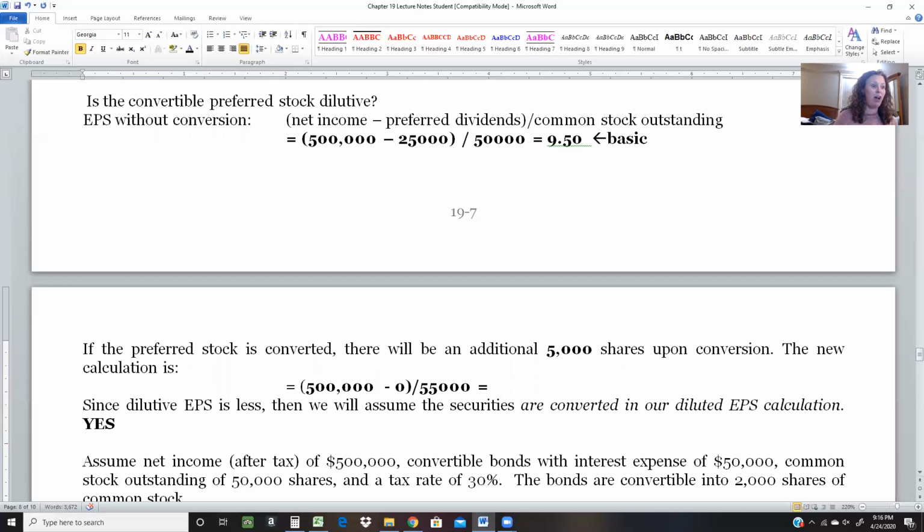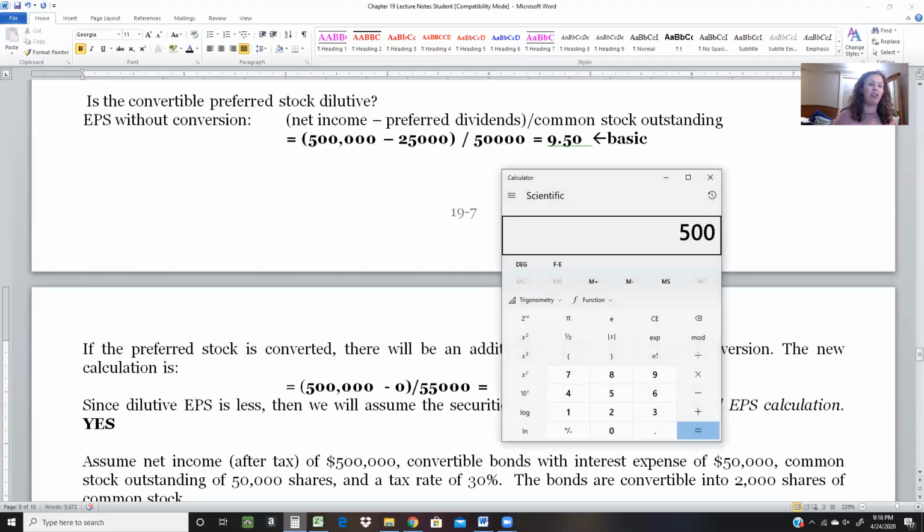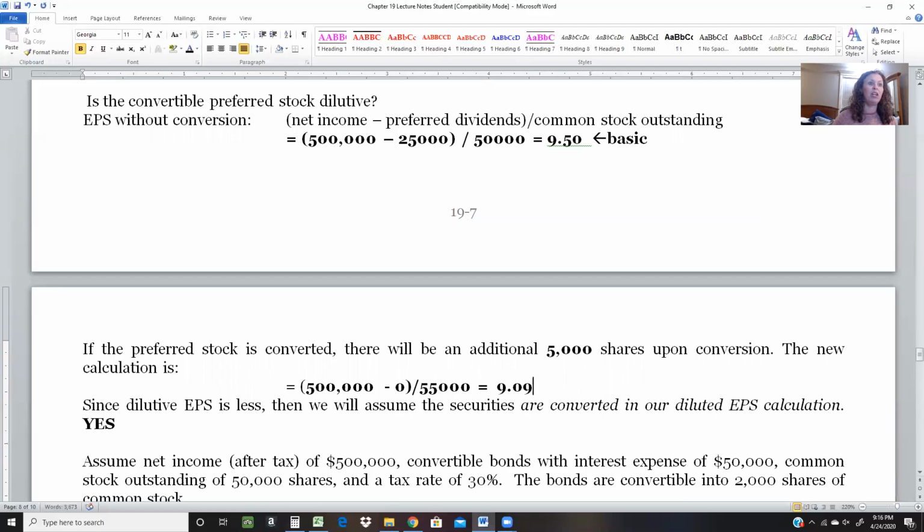Now I have 55. So if I do 500 divided by 55, I get 9.09. So this is called diluted earnings per share. Because earnings per share went down, I have to report this on my financial statements.